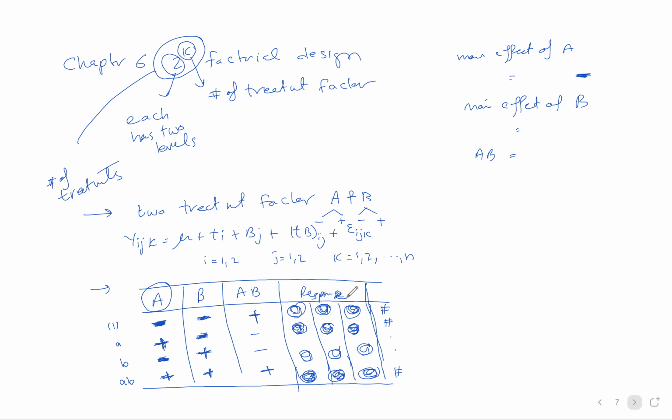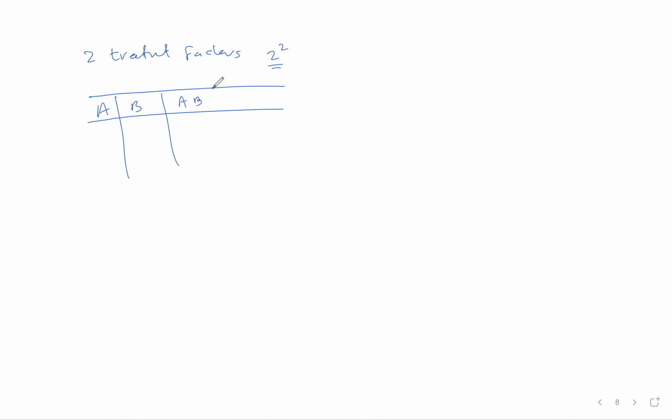So let me explain this one. Let's assume we have two treatment factors. So it will be a 2 to the power 2 factorial design. And this is the table again. A, B, AB.